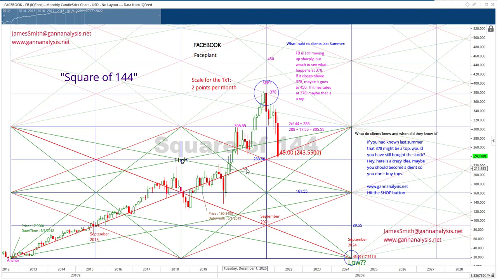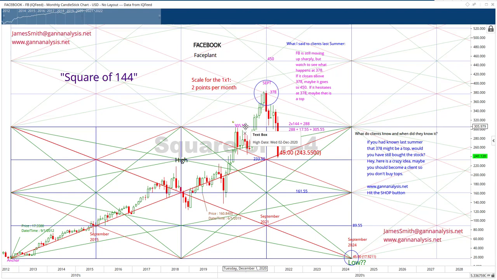So this is a quick and dirty lesson on the value of Gann. 144 is important, so even without using this software, even if you just count 144 points up from this low here, you're going to get this line here. And if you do 288 points up, you'll get this one.